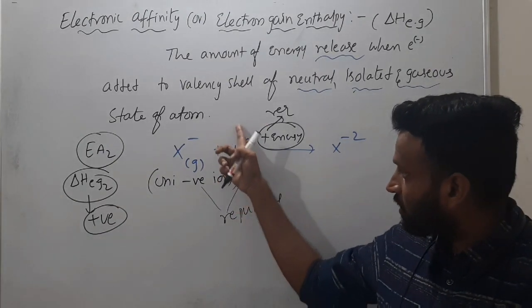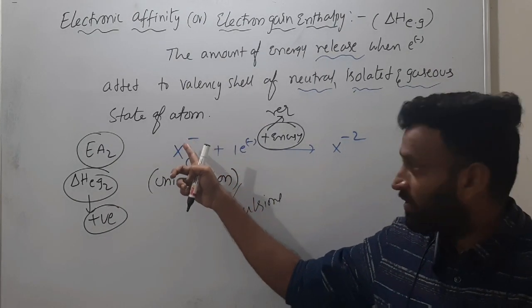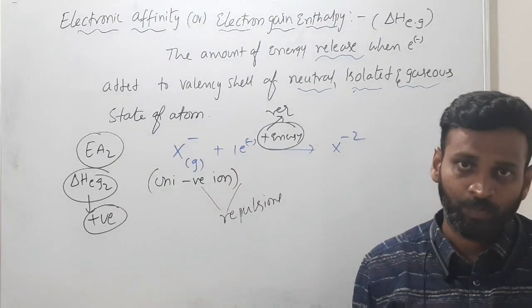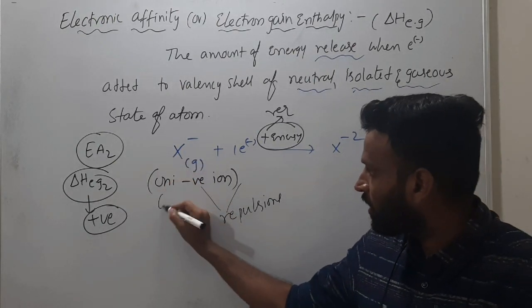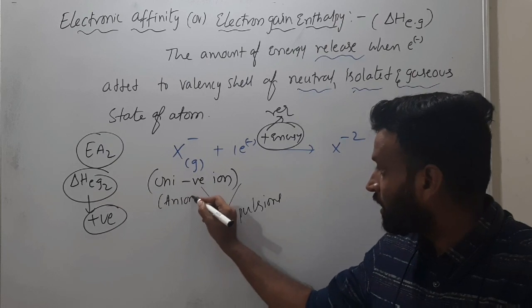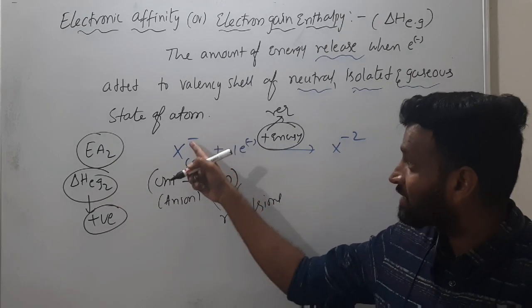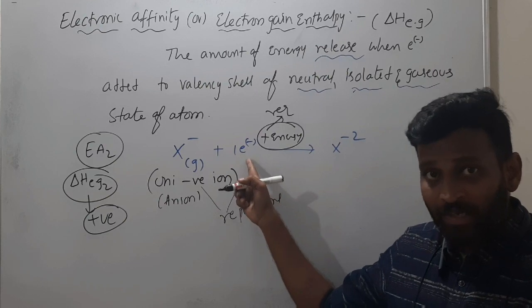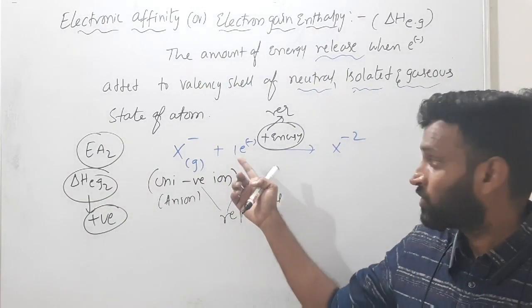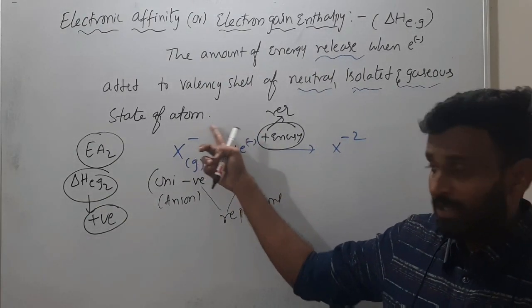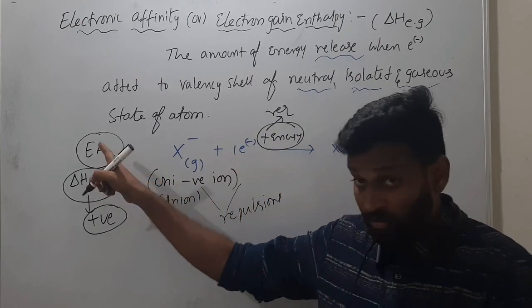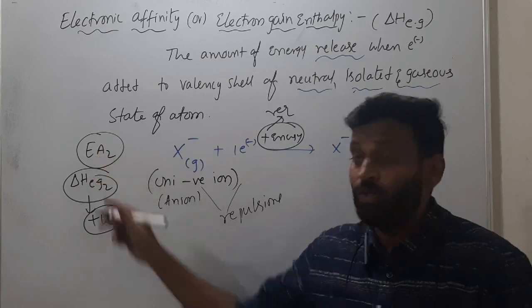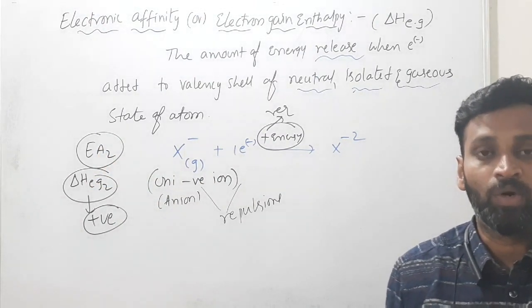So addition of an electron to an anion is difficult. To overcome the repulsion, some energy is required here. That's why EA2 is always positive.